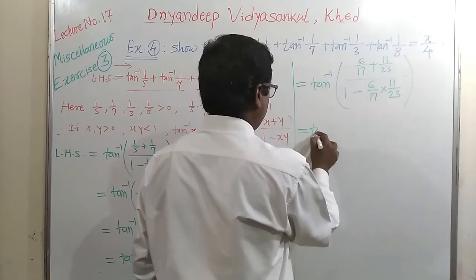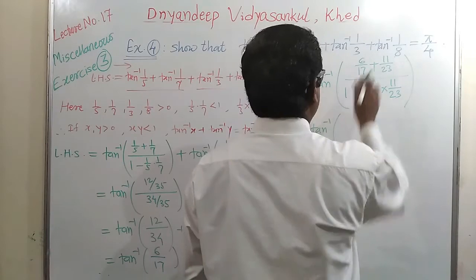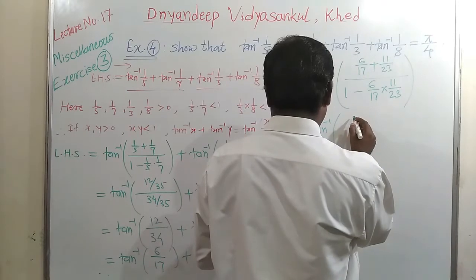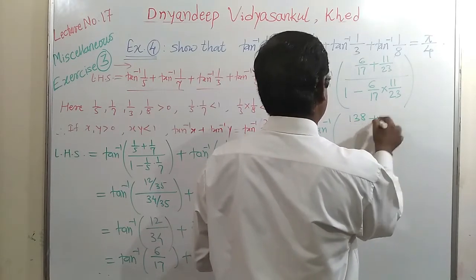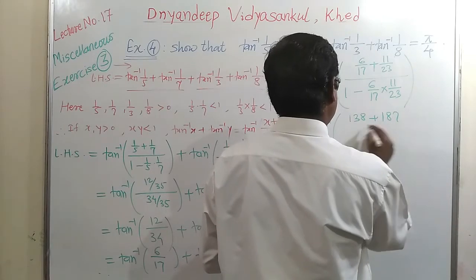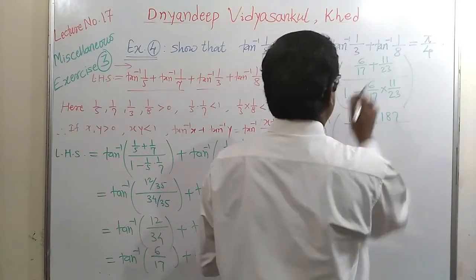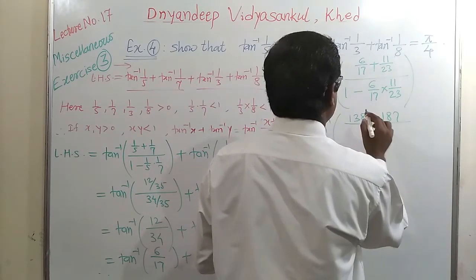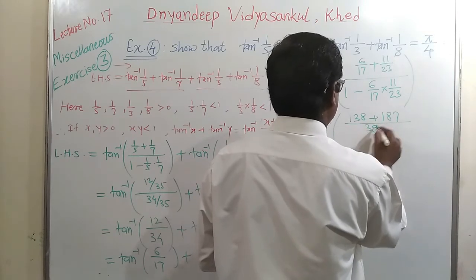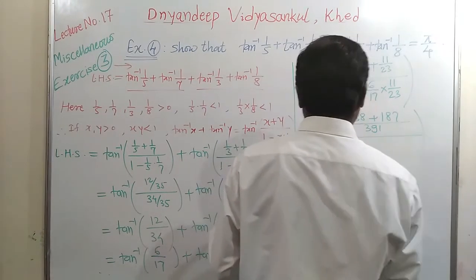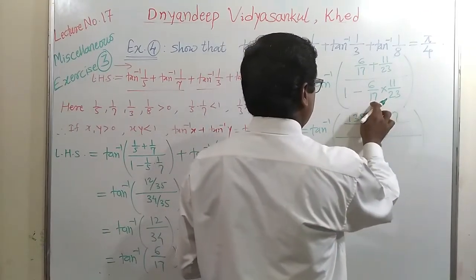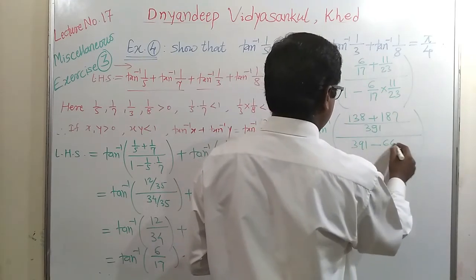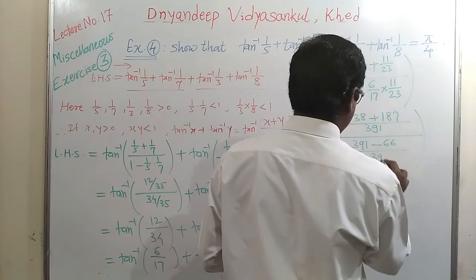Now it is equal to tan inverse of this 6 by 17 plus 11 by 23. It is nothing but 23 sixes are 138 plus 17 into 11 is 187, divided by 23 into 17, that is 391, whole divided by 391 minus 66, divided by 391.